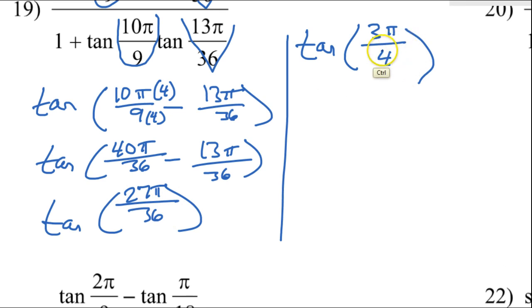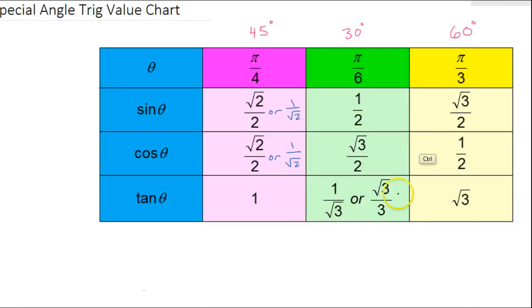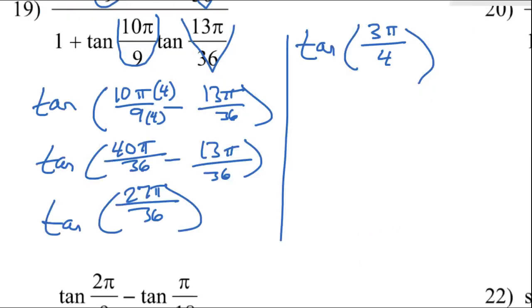Now, is this something I can evaluate? Well, we have memorized the special angles, of course. I'm going to show you this chart one time, and we will not speak of it again, because you best have memorized this by now. If you have not memorized this chart, pause the video right now and memorize it. But anyway, what were we talking about?